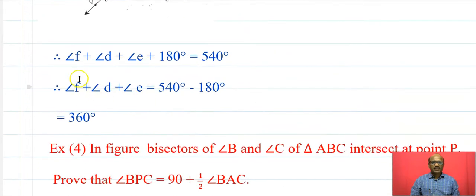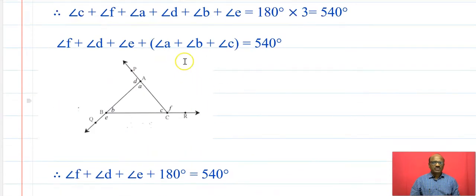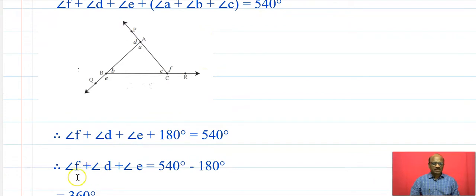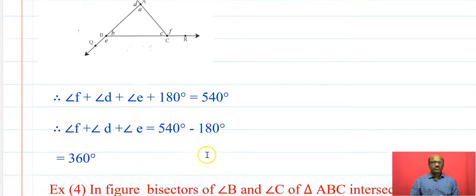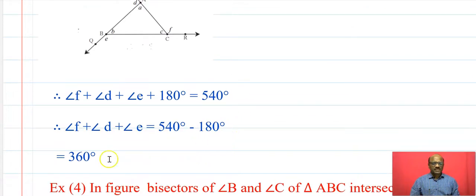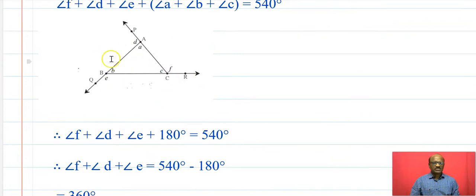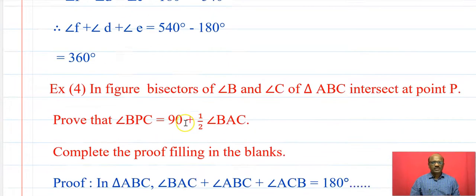The measure of angles A plus B plus C are the angles of the triangle, and their sum is 180. Therefore, measure of angle F plus measure of angle D plus measure of angle E is equal to 540 minus 180, that is equal to 360, and hence the sum of the exterior angles of this triangle is equal to 360.